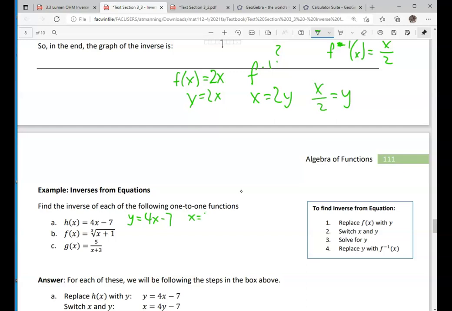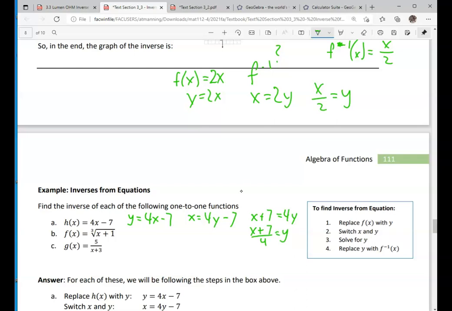X equals 4y minus 7. Now, solve for y. Well, add 7 to both sides. X plus 7 equals 4y. Get y by itself by dividing everything by 4. And I get x plus 7, divided by 4 equals y. There is my inverse.